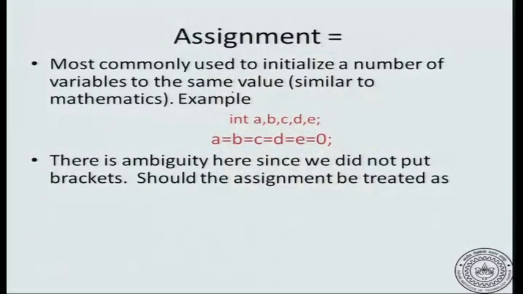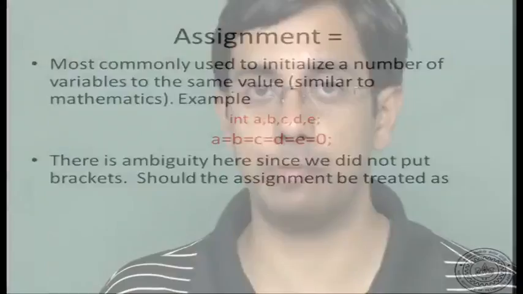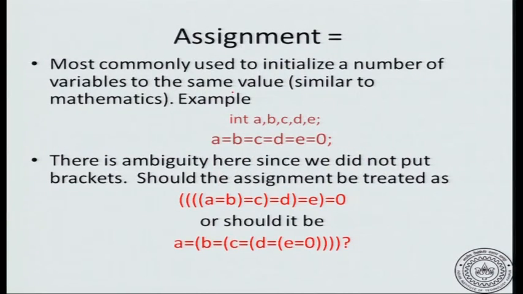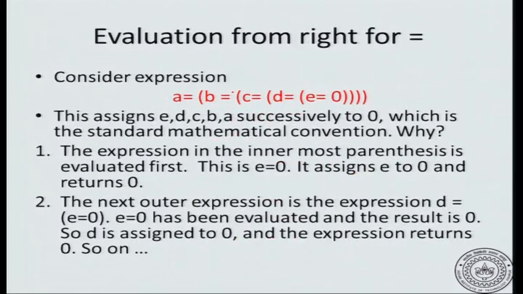Now there is some ambiguity here, because we do not know which order to evaluate this. Should we evaluate from left to right? Should we evaluate from right to left? Does it matter? So should the assignment be treated as the following, where A equal to B is done first, then equal to C, then equal to D, and so on, or should it be the opposite way, right to left, where E equal to 0 is first done, then D equal to that, then C equal to that, and so on until A?